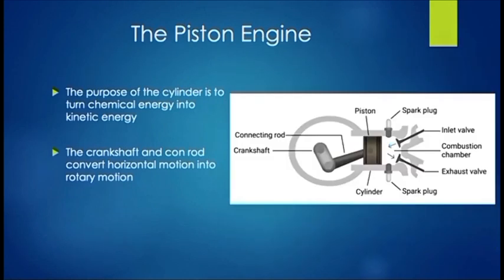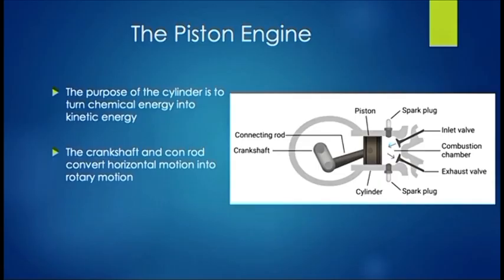So now we're going to look at the piston engine in a bit more detail, as you need to know it for the CAA exam, how it works and all the elements to it. The main purpose of the cylinder piston engine is to convert chemical energy, so petrol or fuel, into kinetic energy, so into an energy that we can use.